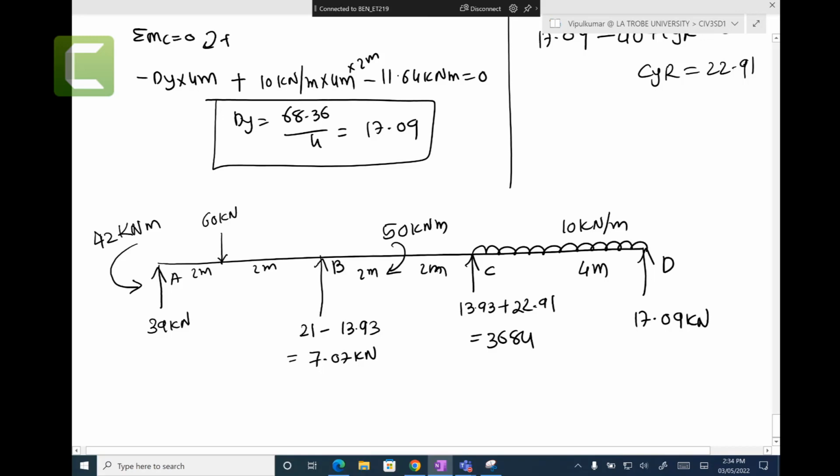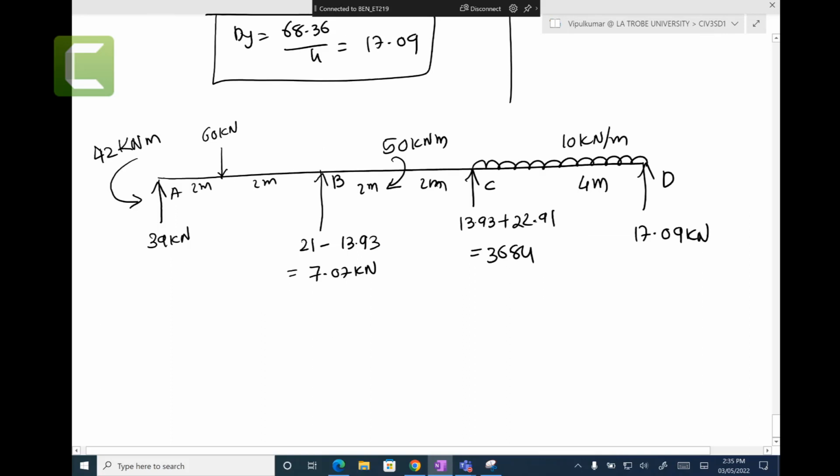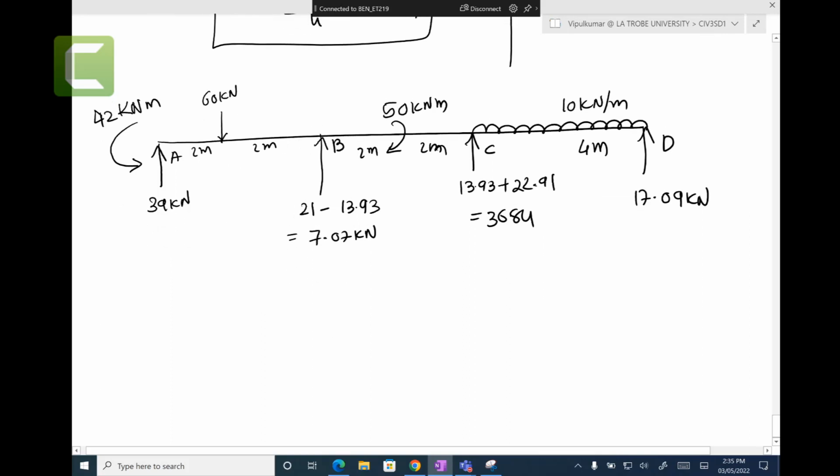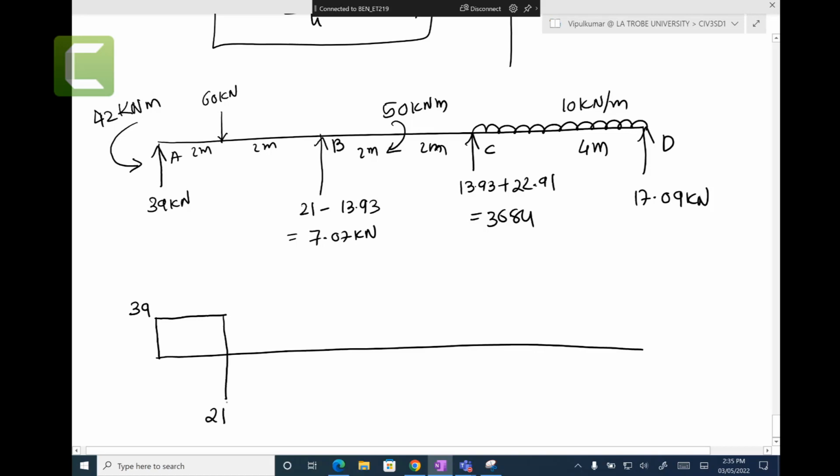All right, so you have all the reaction forces and reaction moments. Now we can draw the shear force diagram first, and then we draw the bending moment diagram. 39 going up, then 60 down. 39 take away 60 down, 21. 21 here. Going across, 21 take away 7.07, 13.93.